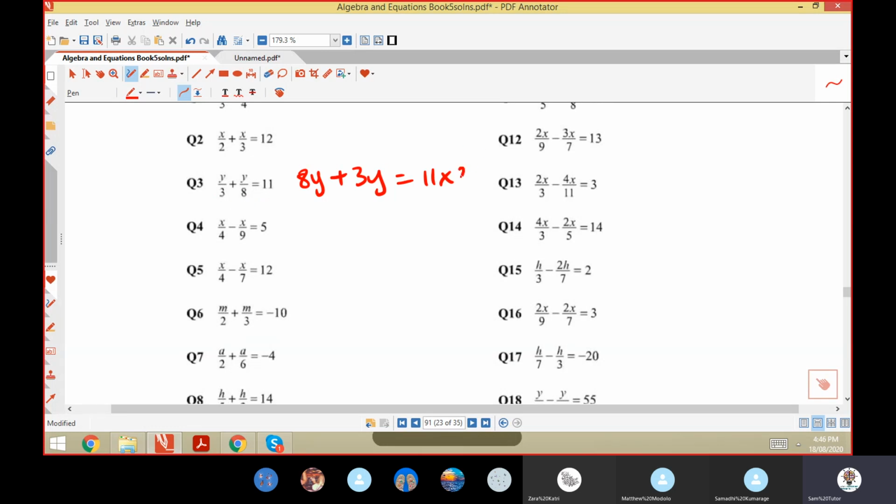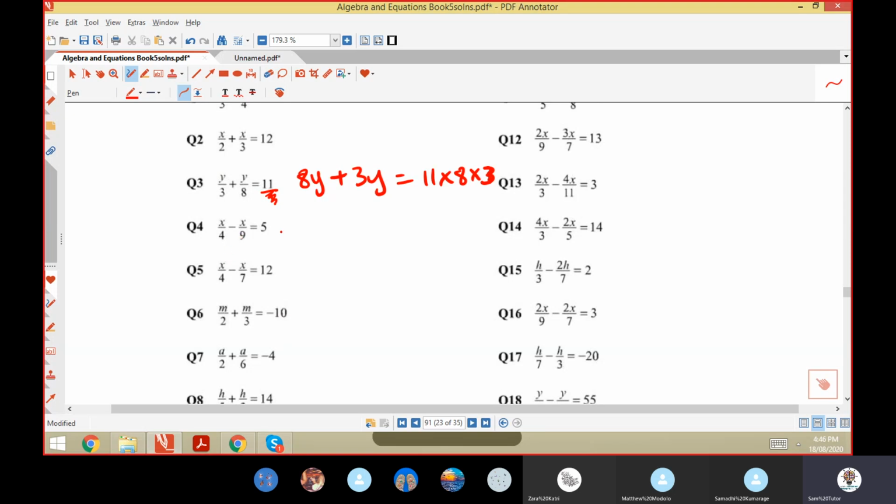So 11 times 8 times 3. Like that. So 8 times y, 3 times y, this one's going to have both of them, because you cover its denominator, then the other denominators are 3 and 8 still. So that would be your first line, and then we just simplify that.